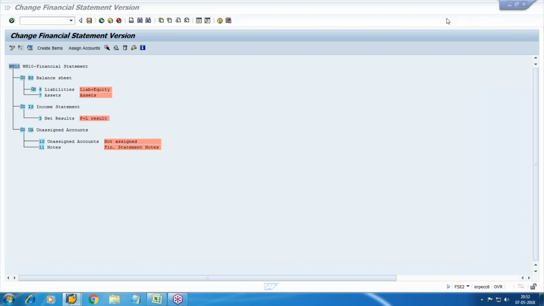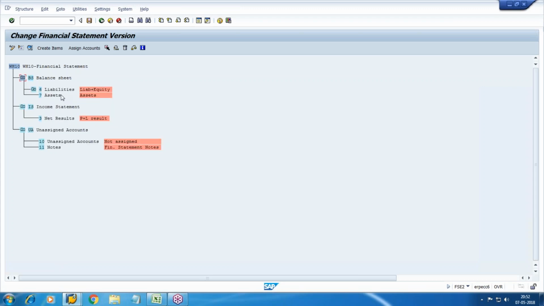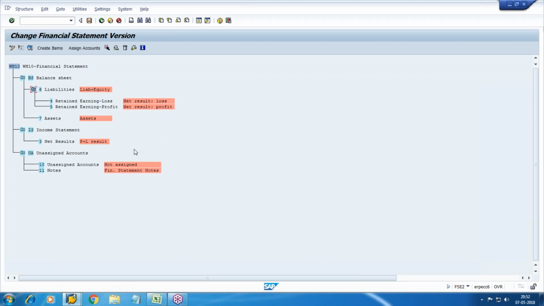So now we started late. Actually, I was waiting. So let me complete this one. I have created three. This one, balance sheet, income statement, and unassigned. So under balance sheet, so far I have created two heads, liability and asset. Under liability, I added the profit or loss.